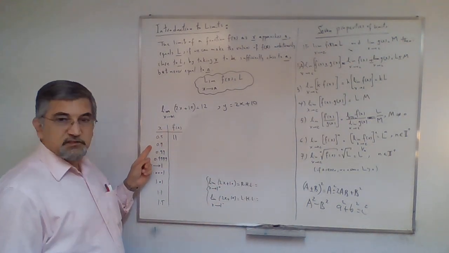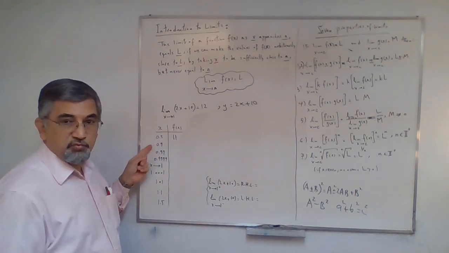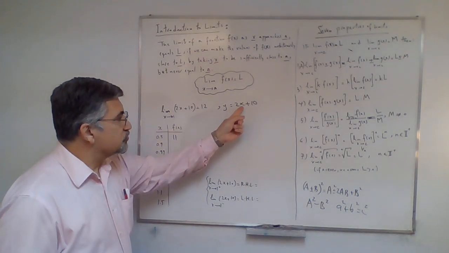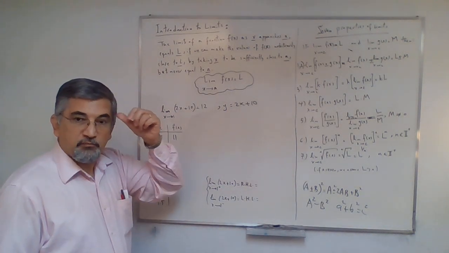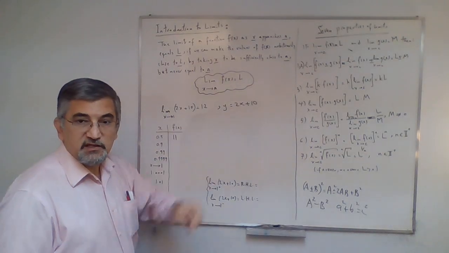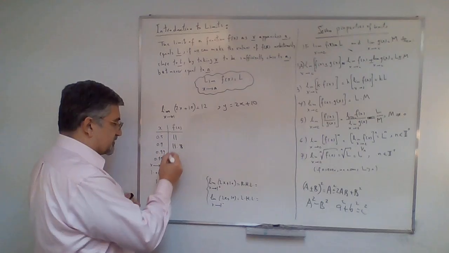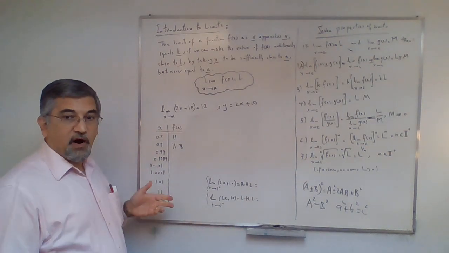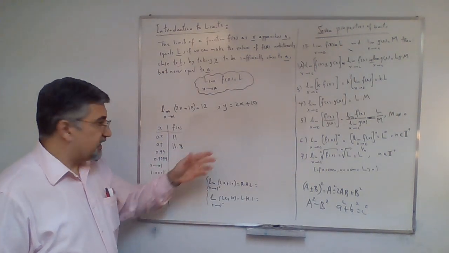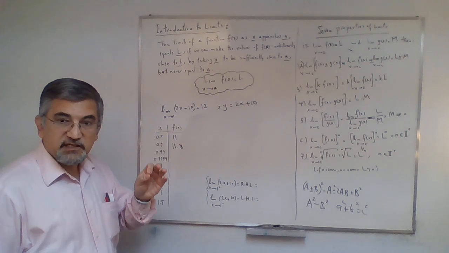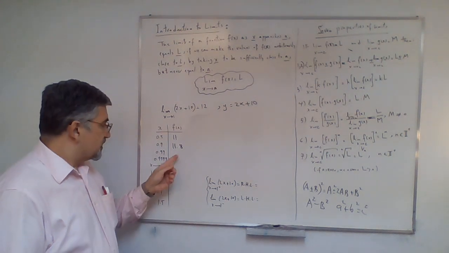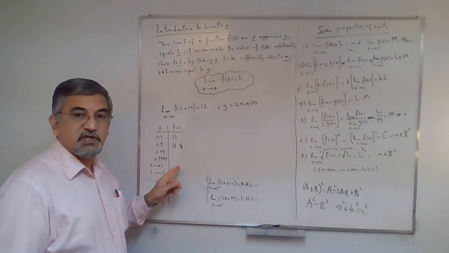Now, if x is not 0.5, and if it is 0.9, for example, then 2 times 0.9 would be 1.8. Add it with 10, it's going to be 11.8. So we're saying that the value of y, or the value of f of x, if x is exactly equal to 0.9, is exactly equal to 11.8.